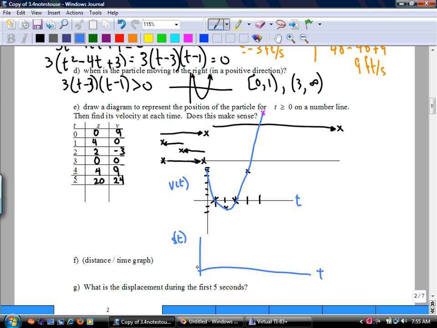S is 0. At t equals 1, S is 4. At t equals 2, S is 2. At t equals 3, S is 0. At t equals 4, S is 4. And t equals 5, S is 20. Well, I don't know, up here somewhere.